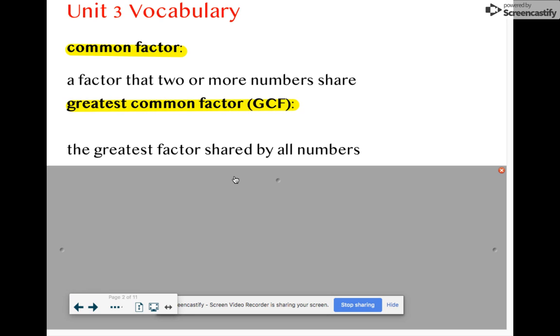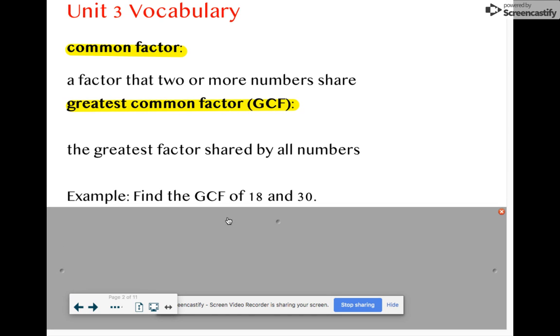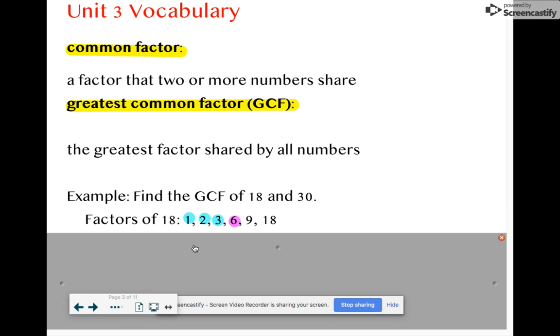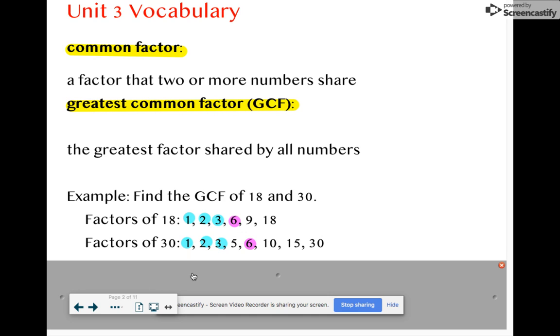An example of that would be if I were to find the greatest common factor of 18 and 30. I would list all the factors of 18. Then I would list all the factors of 30. I use the blue highlighter there to show the ones that they have in common, and the purple one shows the one that is the biggest.